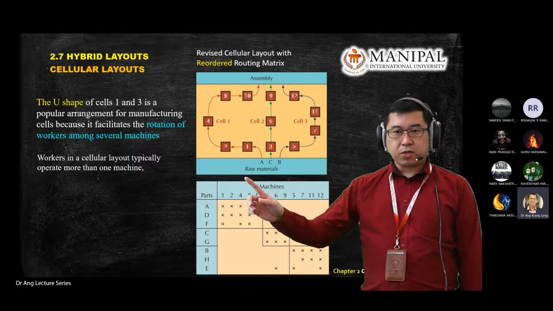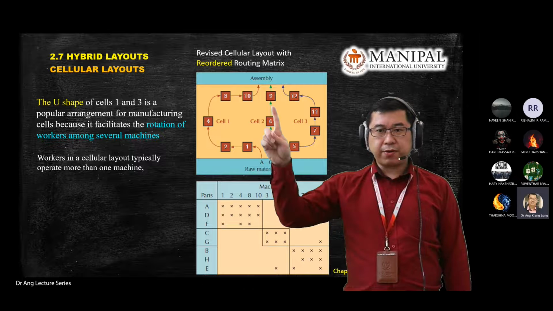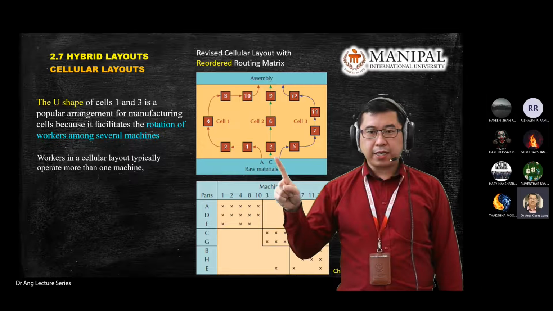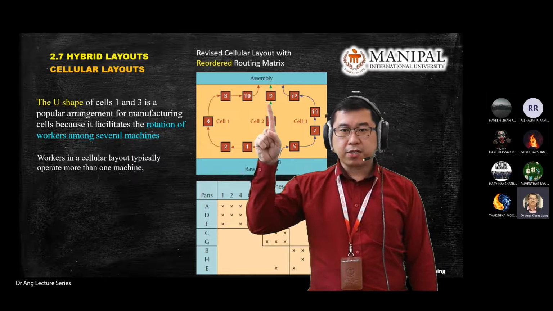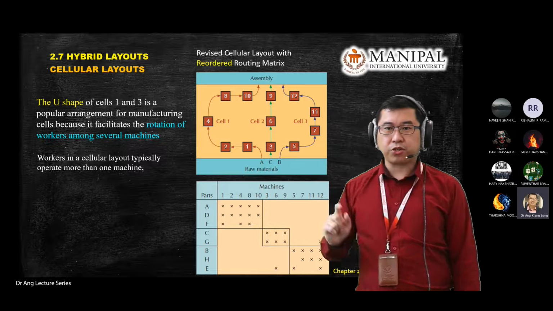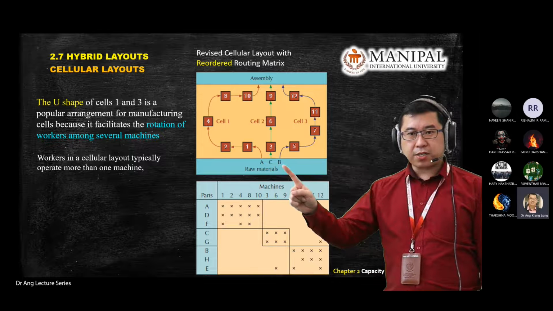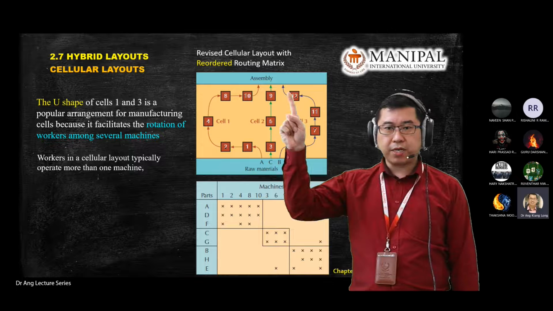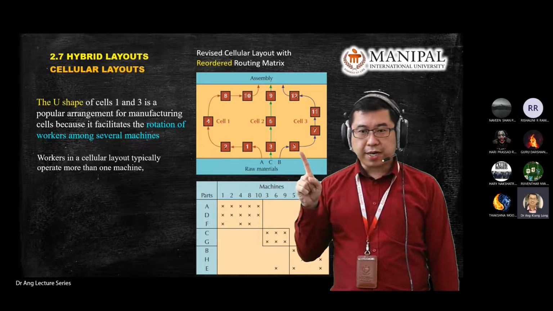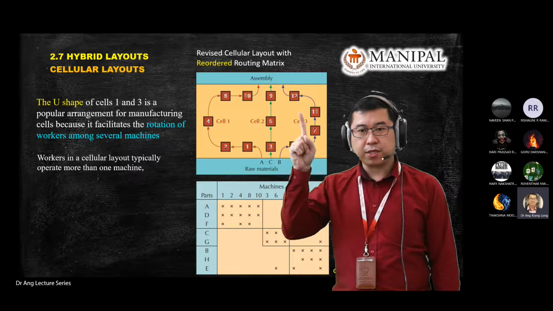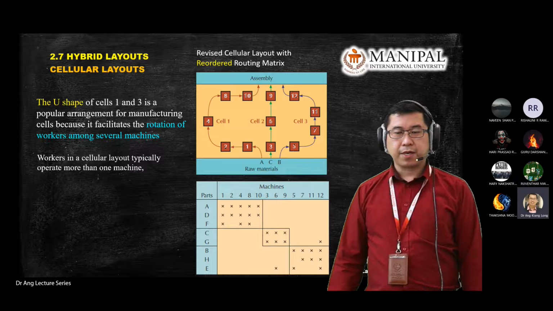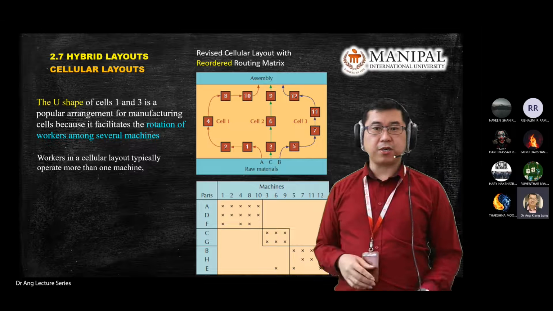If you're stationed in cell number 2, normally your skill needed is to operate machines 3, 6, 9 in that particular shift. If you are the worker stationed in cell number 3, we expect the worker to be able to work on this machine, this machine, this machine, and this machine. Okay, so this is the characteristic of cellular layout.